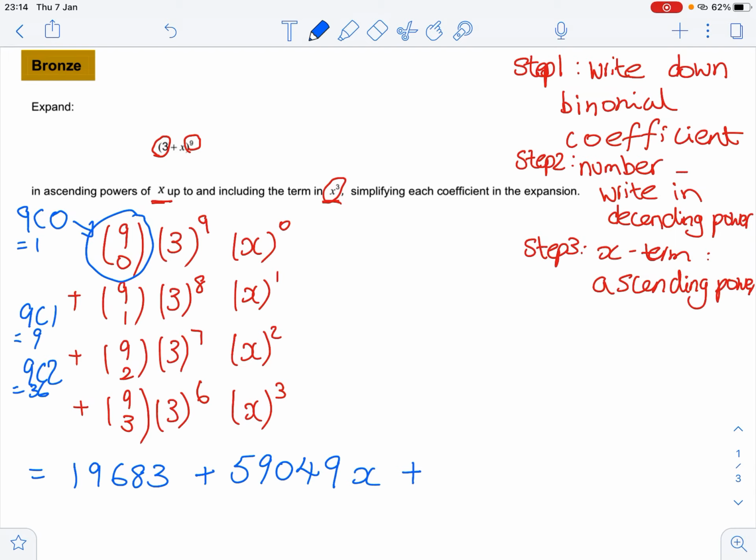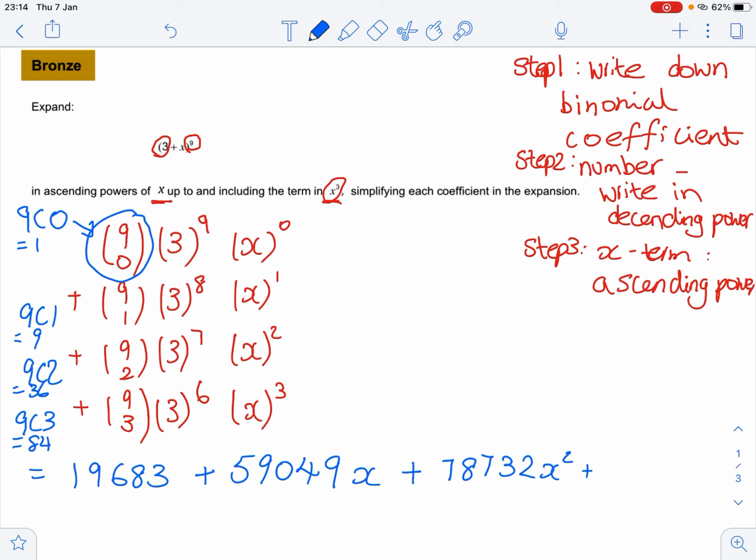So this would be 36 multiplied by 3 to the power of 7, which equals 78732x squared. And the last one, we type into our calculator 9C3, which equals 84.